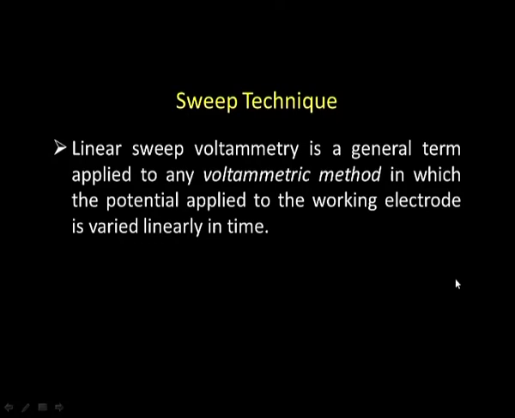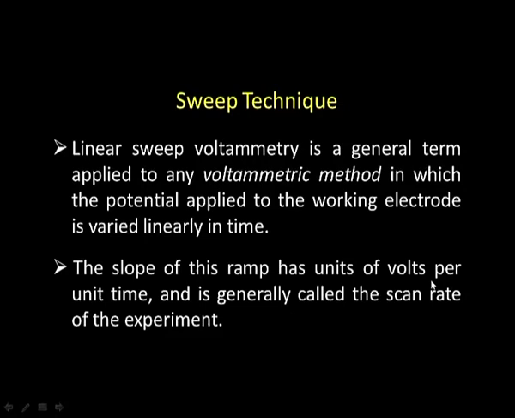The first one is linear sweep voltammetry, which is a general term applied to any voltammetric method in which the potential applied to the working electrode is varied linearly in time. The slope of this ramp has units of volts per unit time and is generally called the scan rate of the experiment.